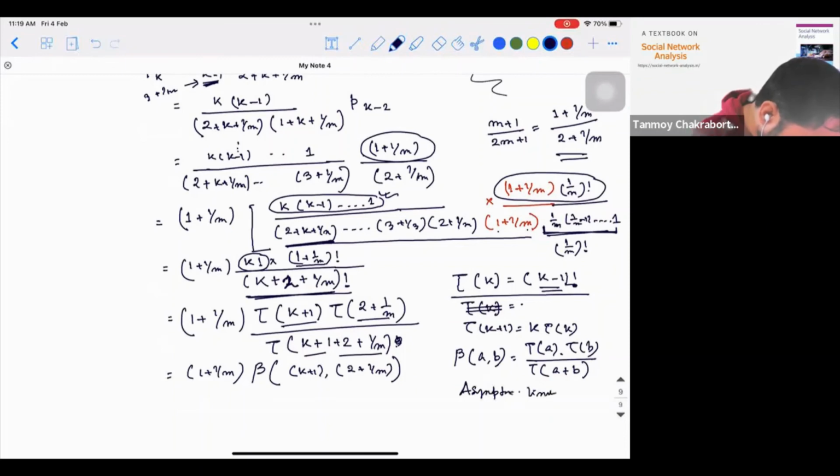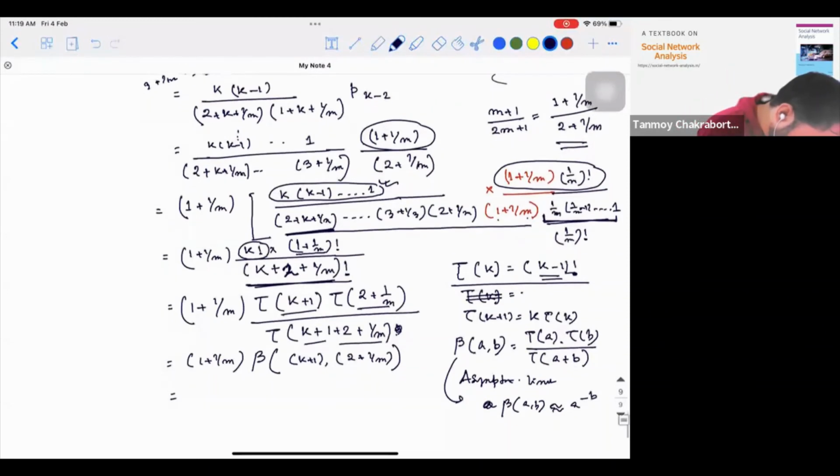Asymptotic limit is beta function, right? This is e to the power, can be written as e to the power minus b. Therefore here also in the asymptotic limit we have 1 plus 1 by m k plus 1 to the power minus 2 plus 1 by m.